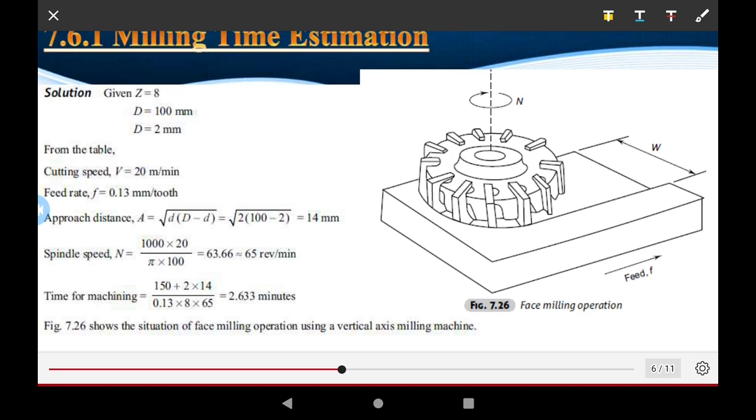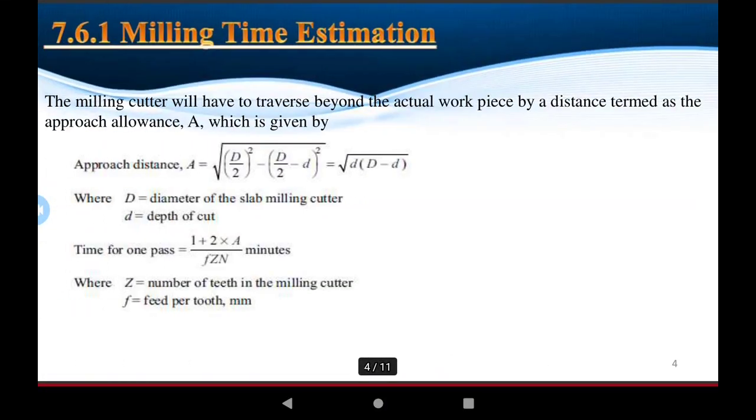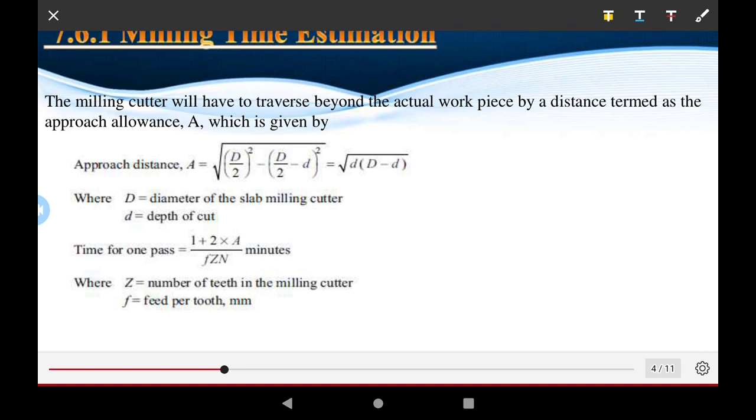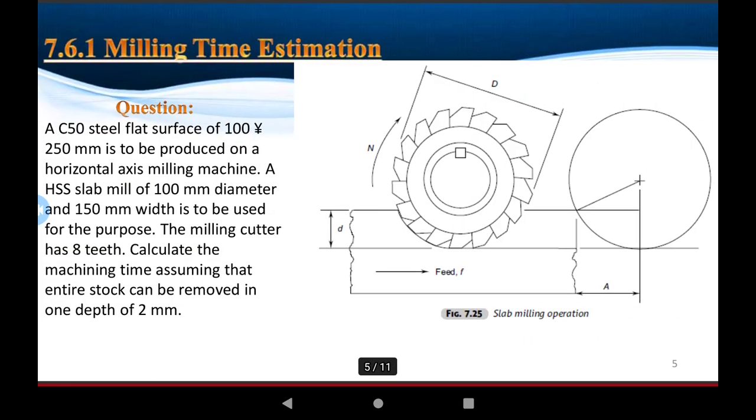This is the formula used for finding the time in minutes, and this time is for one pass. Given the values in this formula, l is equal to 150 mm, 2 is the 2 distance, a is the approach, and f is z into f, the feed per tooth. This is the formula used for the time per pass.